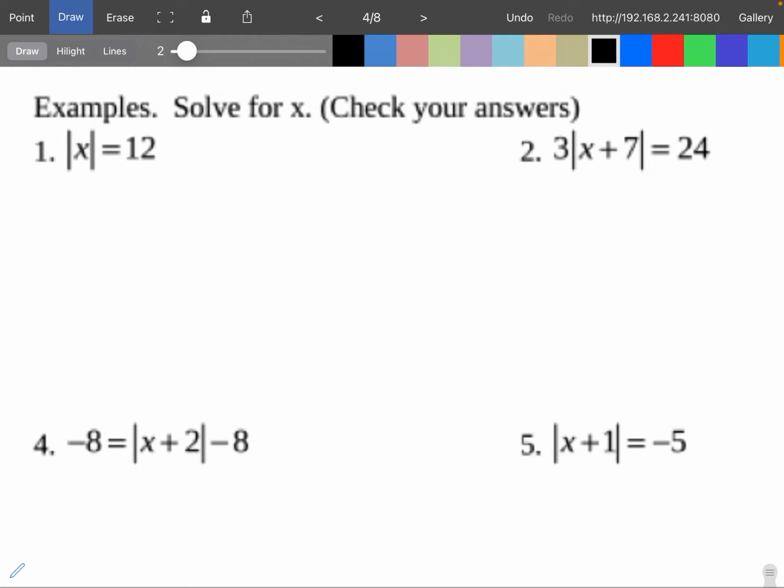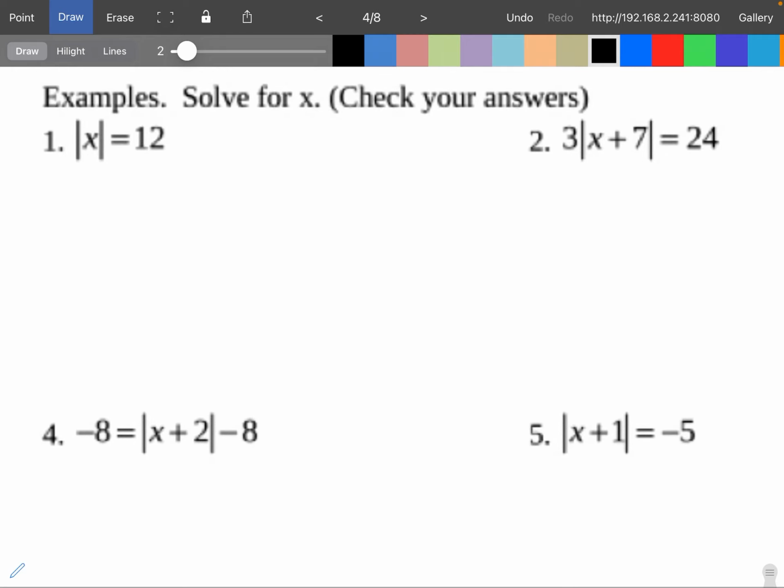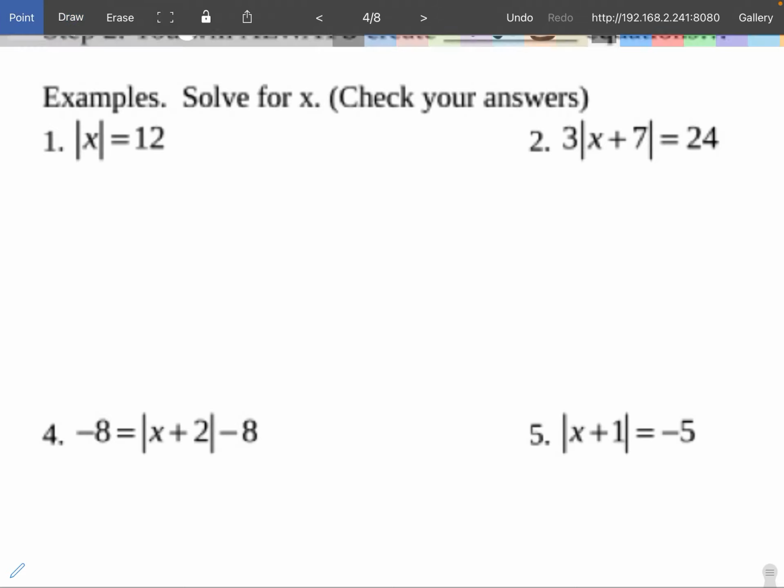All right, now the first example, let's zoom in on that. I think you guys could probably do this one in your head. So if you look at that one, absolute value of x equals 12, example 1. What number could you put in here so you get out 12? Just what number would go in there? 12, right? 12, that would be one solution, right?